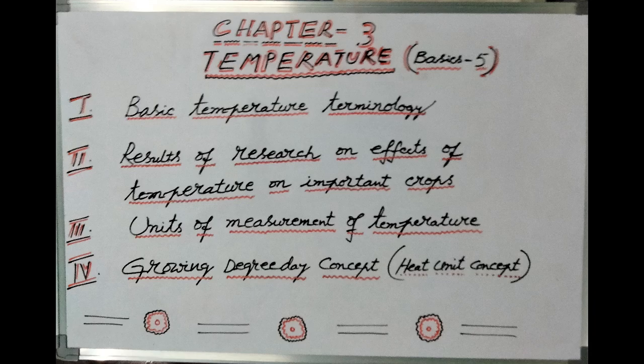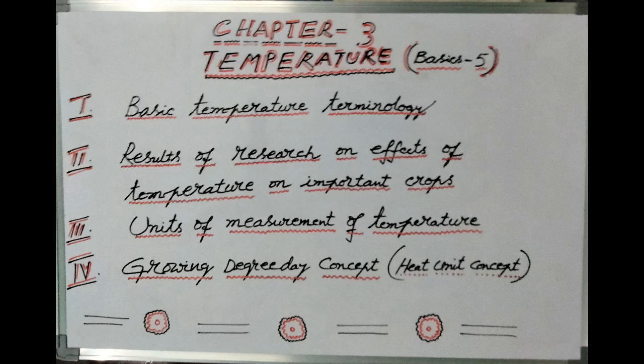The final simple point for discussion is units of measurement of temperature. Centigrade, Fahrenheit, Kelvin. These are the units of measurement of temperature. The relationship between degree centigrade and degrees Fahrenheit is: degree centigrade equals 5 by 9 into (degrees Fahrenheit minus 32).